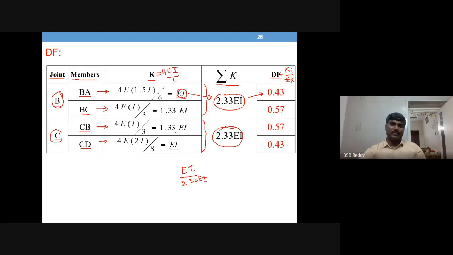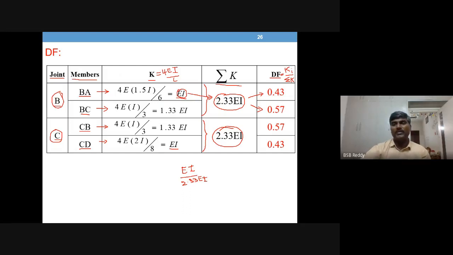Similarly, BC: 1.33 EI divided by 2.33 EI, and the value is 0.57. Now, while you round off the value, the total should be 1. You cannot just round off to any extent.